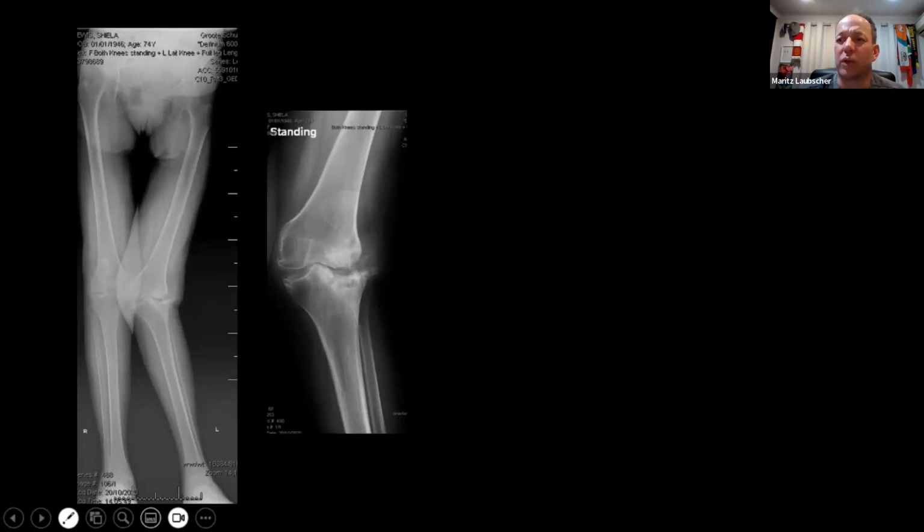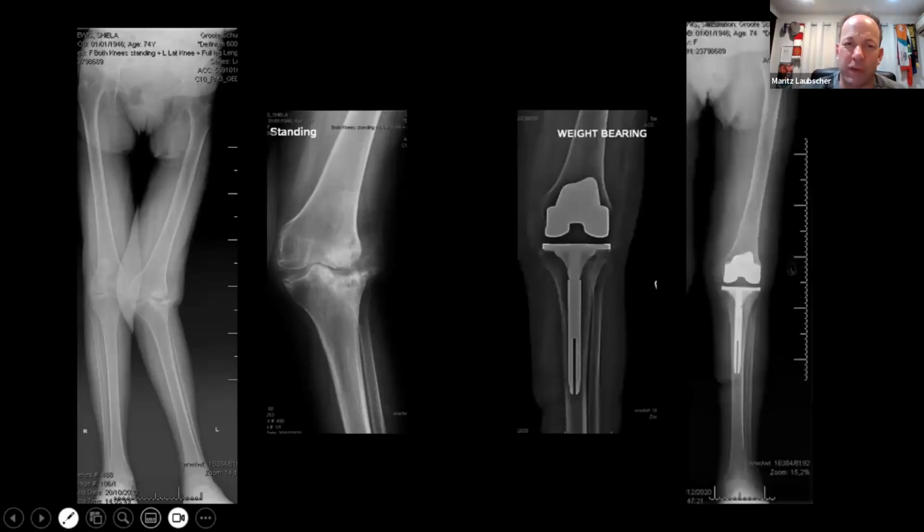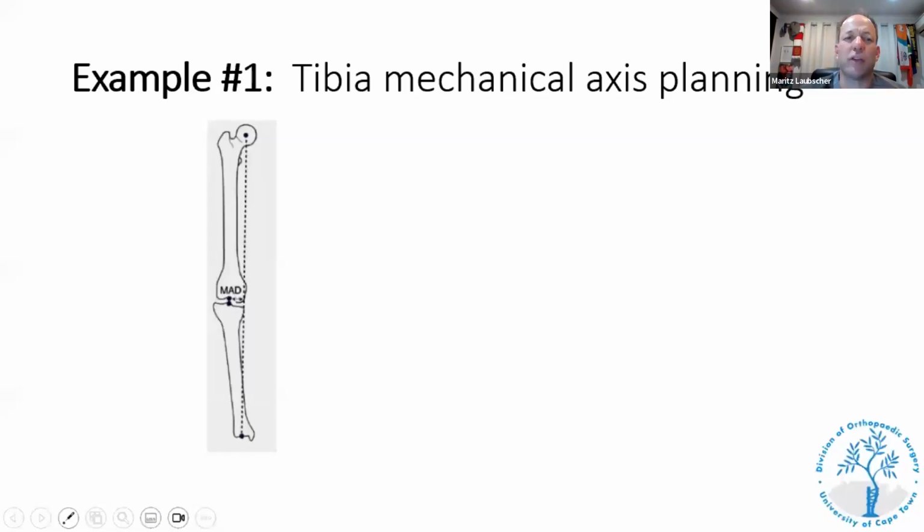Because of the attenuation of the medial structures, and you can see how the medial joint line opens there on the long leg views, it needs a higher degree of constraint with a knee replacement, as you can see there.